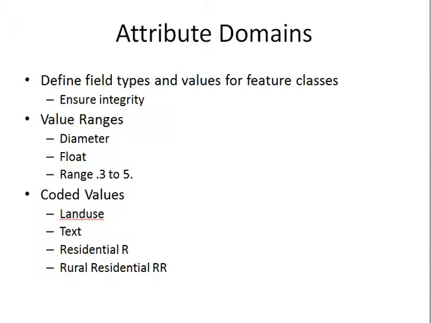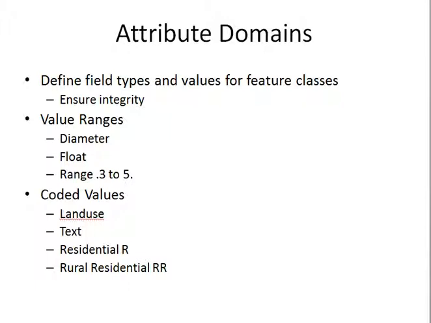In a geodatabase, you can define what are called domains, or specific attribute data related to fields in your feature classes. So one reason for defining attribute domains is that it makes your data more correct or more accurate, and ensures integrity.